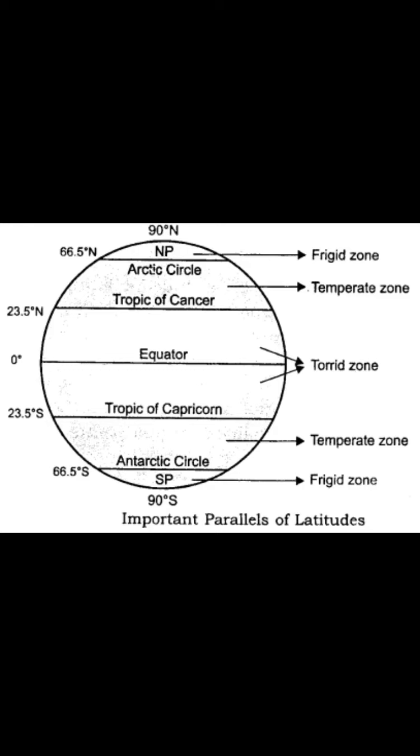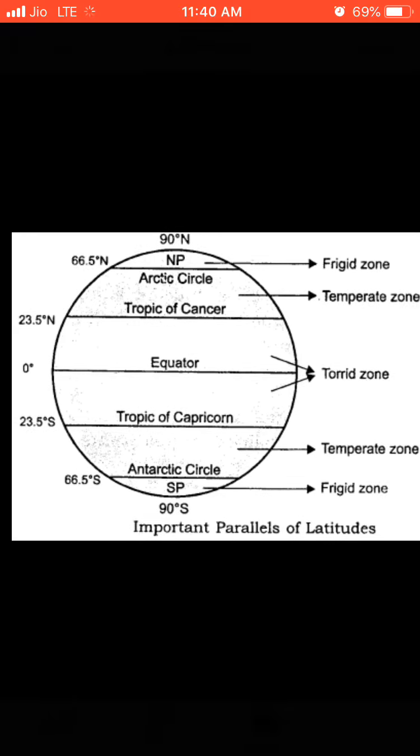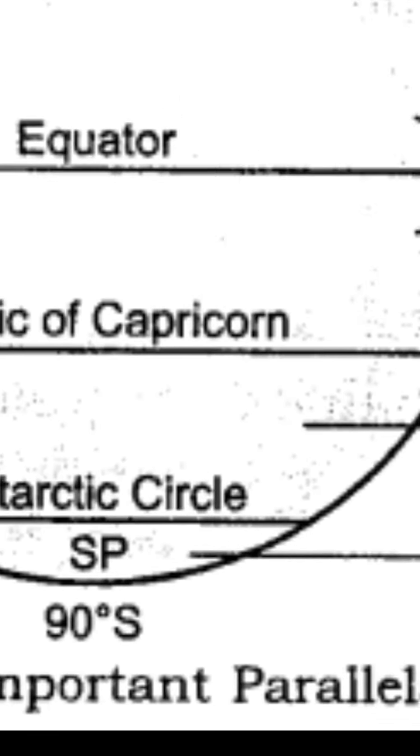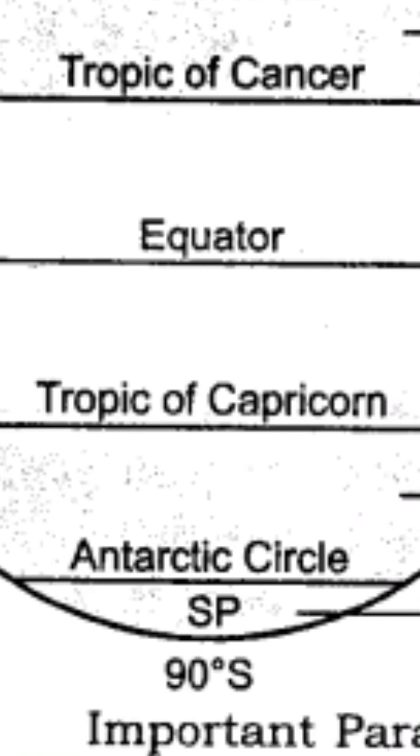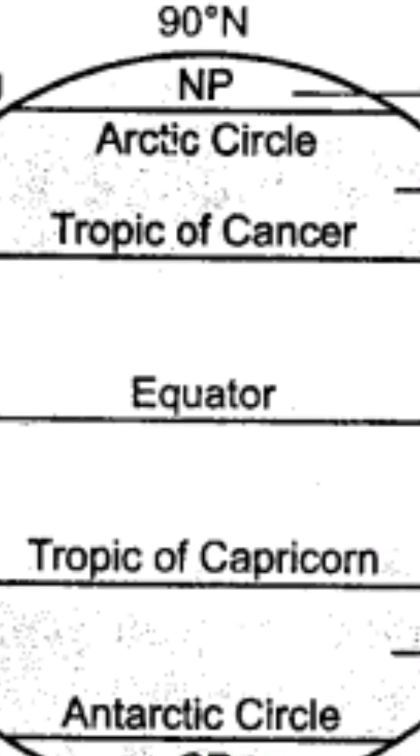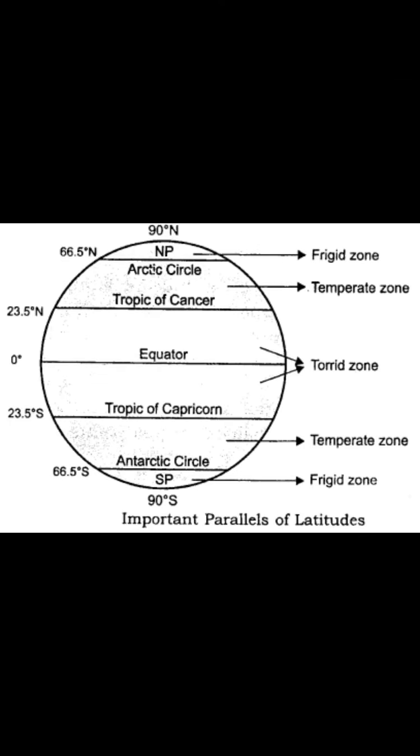Since the latitudes are parallel to each other, they are exactly at the same distance from each other. I have already explained to you that the distances of the latitudes will be nearly equal. When we see over here, the Antarctic Circle latitude and Tropic of Capricorn are equal in distance to the equator, which is also equal in distance to Tropic of Cancer and the Arctic Circle.